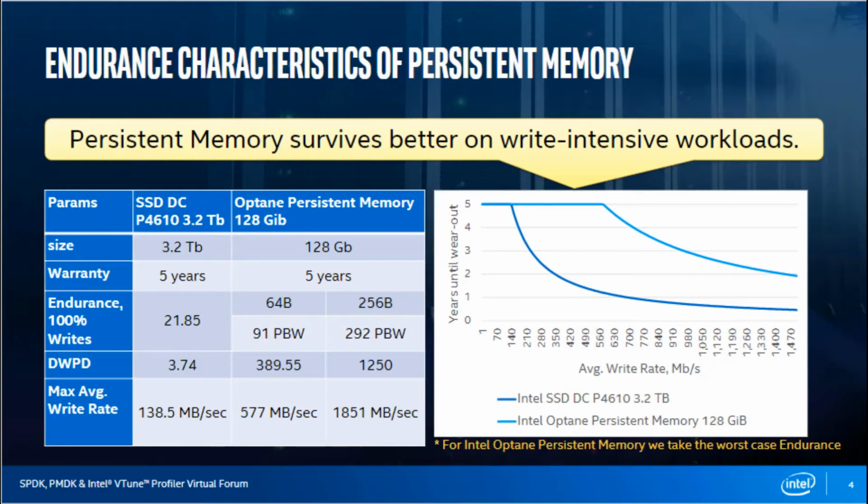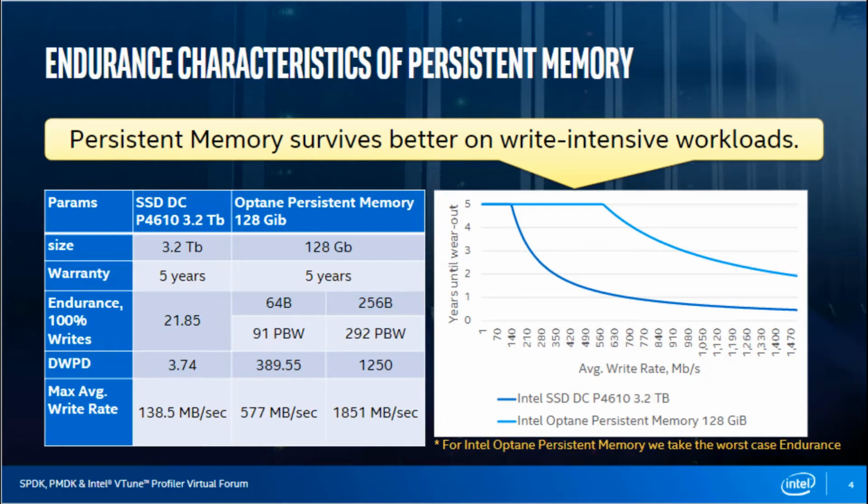The first case is when we do writes in chunks of just 64 bytes, which is a cache line size. In this case, the endurance is 91 petabytes. But it's much more efficient if you do writes in chunks of 256 bytes.